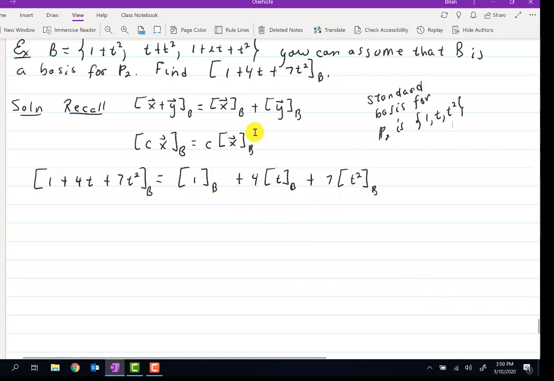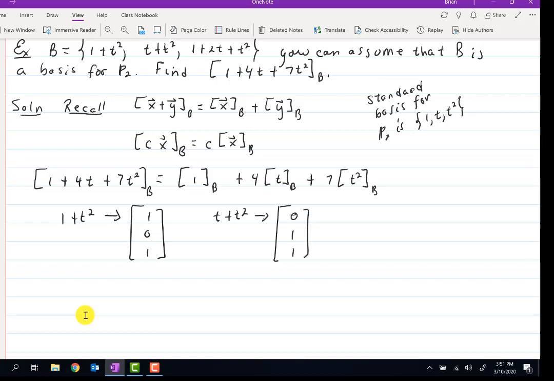Well, this gives us a matrix here. If you look at 1 plus t squared, I'll think of it as the vector 1, 0, 1, because I have 1 times 1 plus 0 times t plus 1 times t squared. And then t plus t squared will be 0, 1, 1.